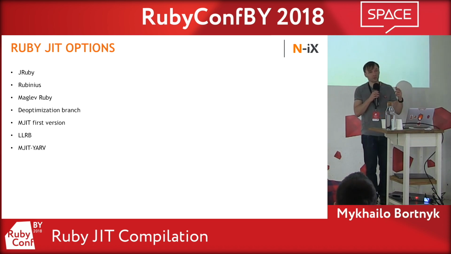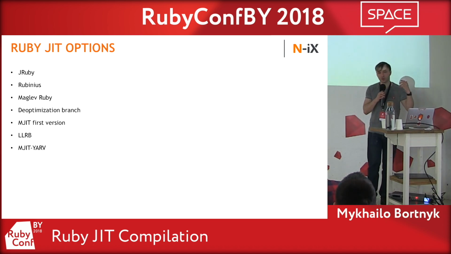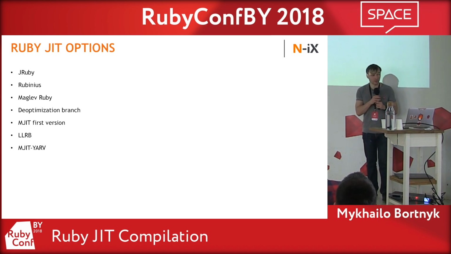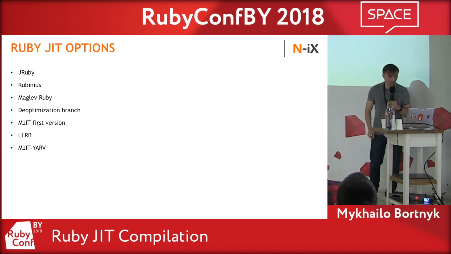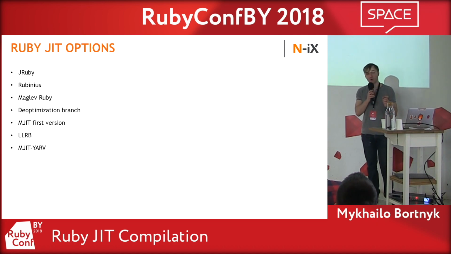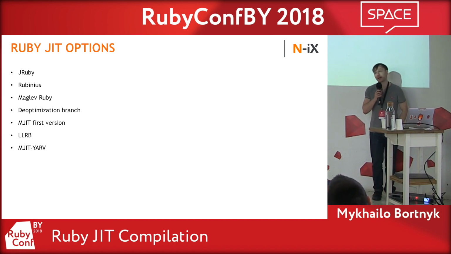Some JIT optimizations were turned off, which made the JIT results a bit slower, but much more stable. It was merged into Ruby trunk on the 4th of February this year. And the greatest news is that this branch is able to launch Rails without failing.